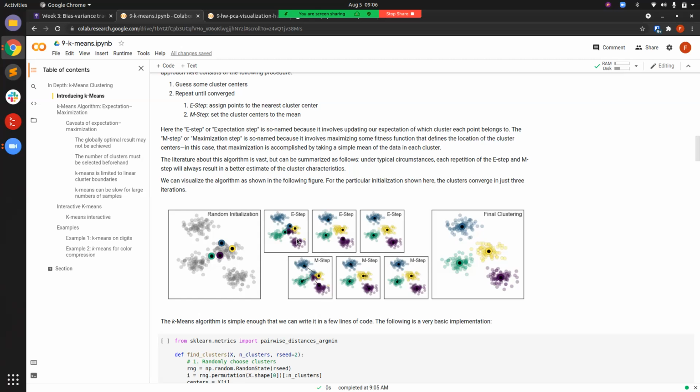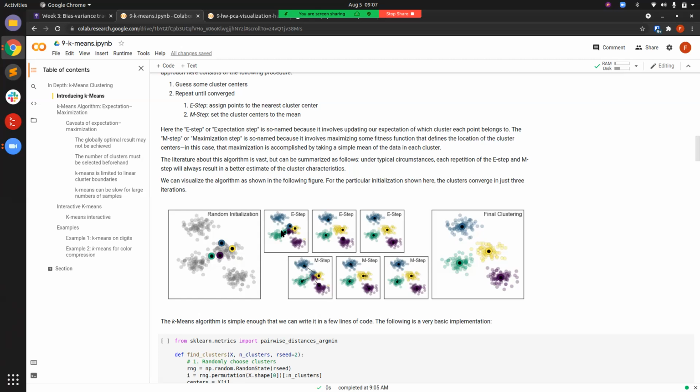All right, the next step is a maximization step. The maximization step is maximizing some function that defines the location of the cluster center. So this is a general iterative process that's used for clustering, not only with k-means, but here we're looking at it in the context of k-means. So in the maximization step in k-means, you update each cluster center to just the mean of the points in the cluster.